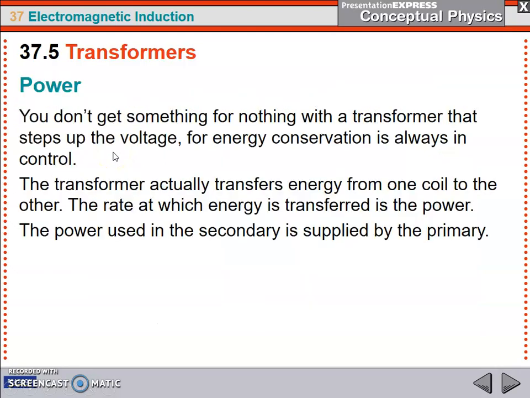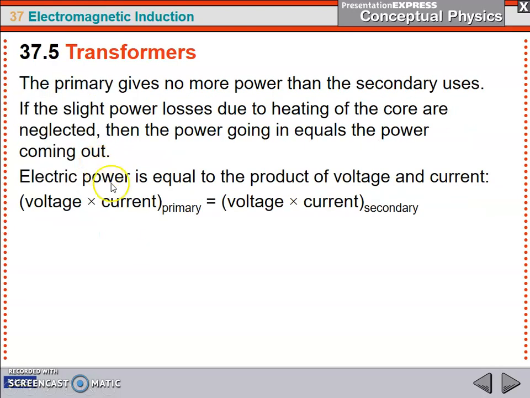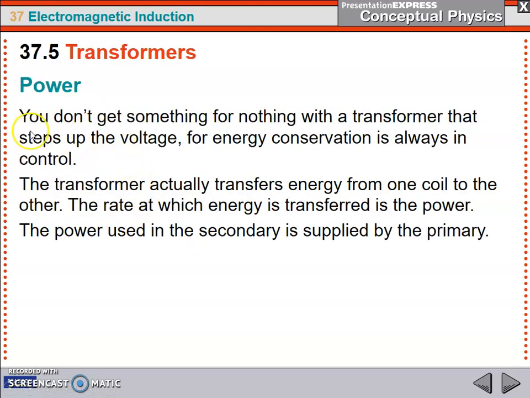That's what I said. Now, what is the relationship of power in here? Power is this formula, voltage times current, okay? So you don't get something for nothing with a transformer that steps up the voltage. Energy conservation is always in control.